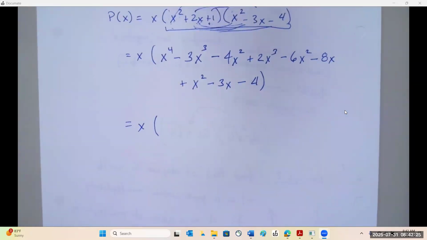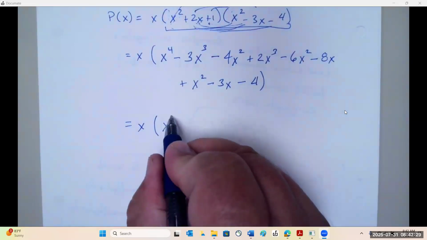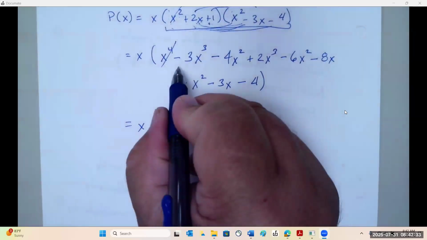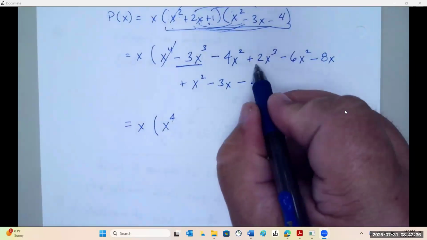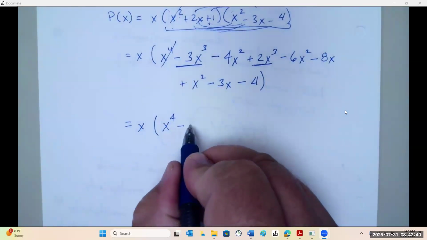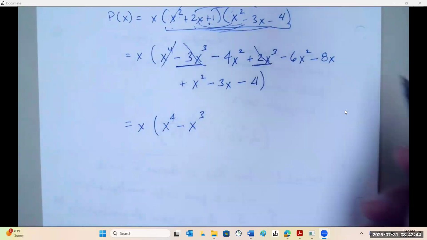Combine like terms. So start with the highest. How many x to the fourth? Just that one right there. So that's that one. X cubes: we have -3 and a +2. So -3 plus 2 is -1 x cubed. So that takes care of those guys.